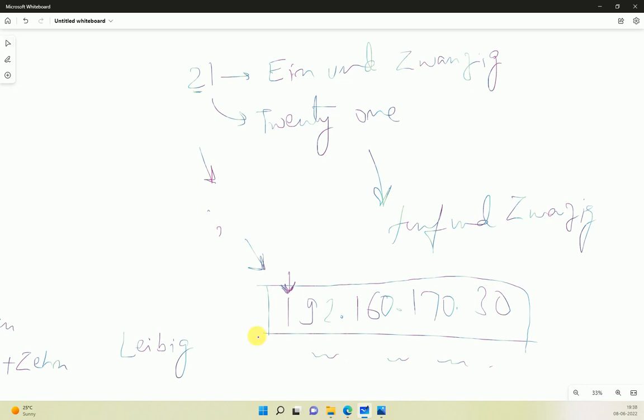Then they say 192.160.170.30. Right? So if you are stuck in such a situation somewhere, and you are unable to cope up and the other person only speaks German, then there is a way out. You can talk in digits then.